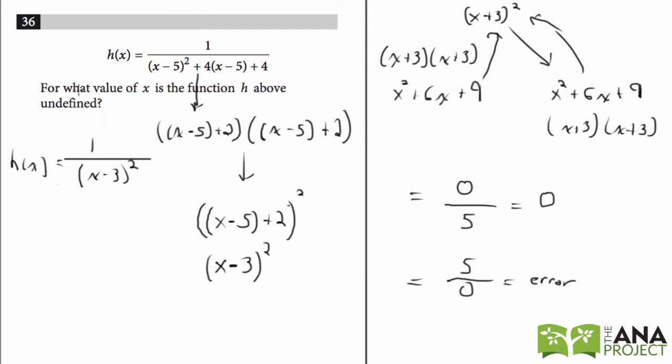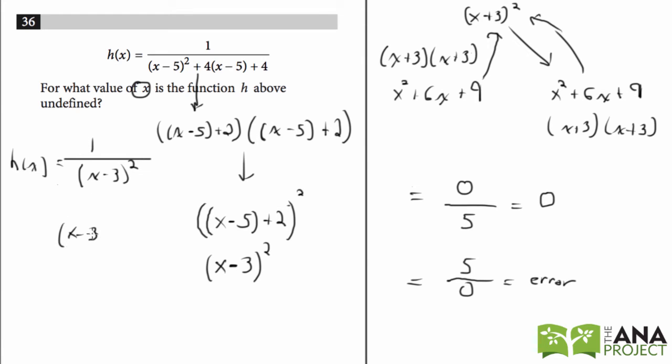So basically they're asking, for what value of x is the function undefined, we have to set the denominator equal to 0. So we figured out that this is a perfect square. h of x equals 1 over x minus 3 squared.